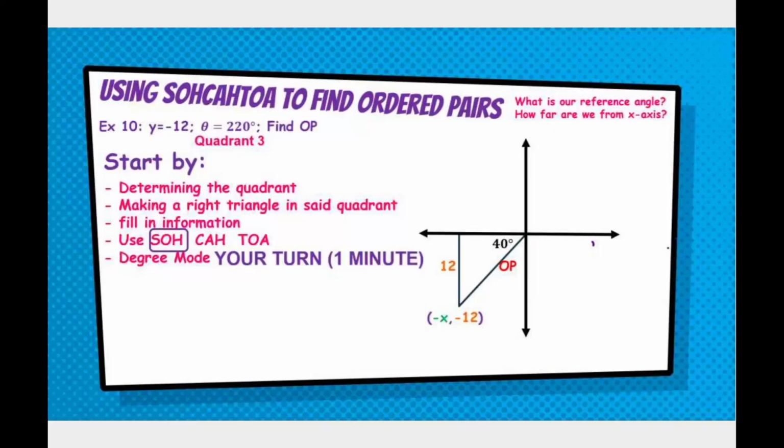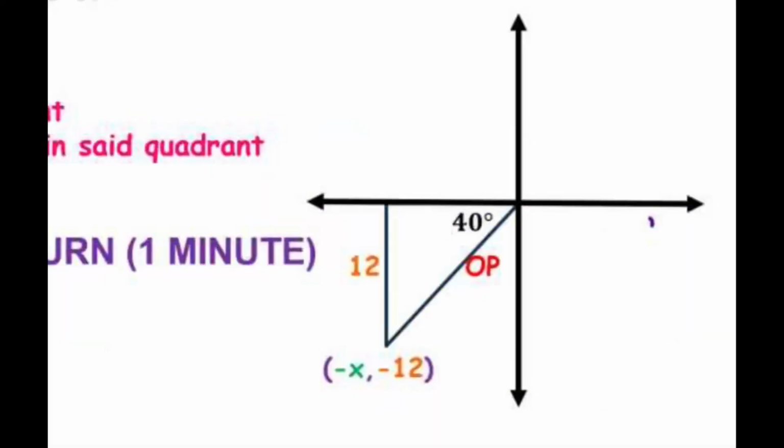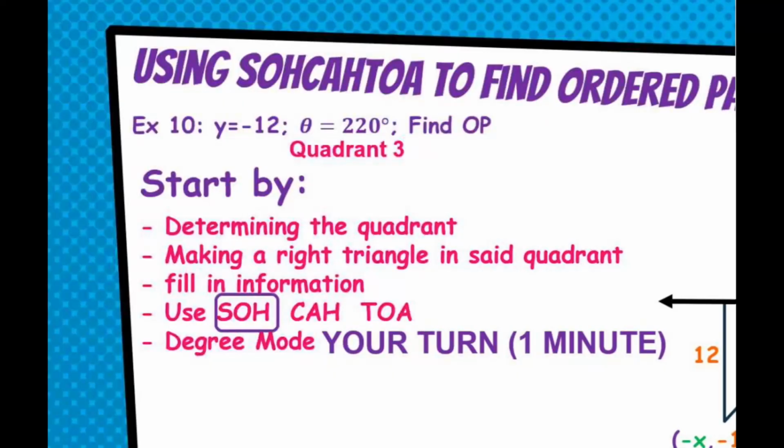Also I need to take into account that from here all the way to here is 220 degrees, but my angle needs to be a reference angle between 0 and 90, so it needs to be 40 degrees. So how do I figure that out again? From before the break, we would ask ourselves, how far away from the x-axis is 220 degrees? It's 40 degrees away, and that gives us that angle that we need, that we're going to be using a lot. So I have this labeled.